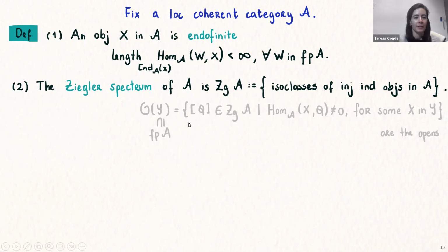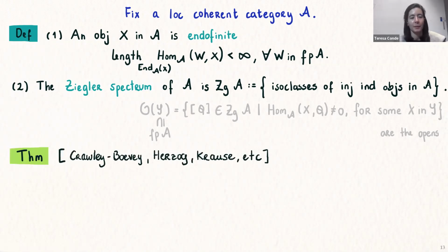Okay, so putting together results of Crawley-Boevey, Herzog, Krause, and by doing some extra work that we could not find in the literature, one can prove the following bijection.